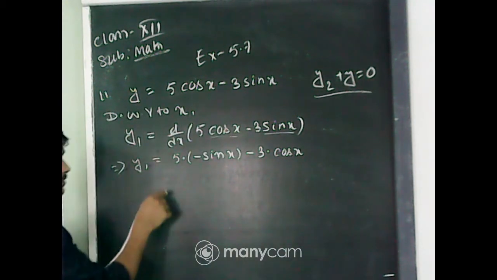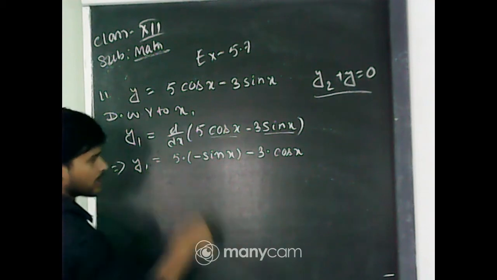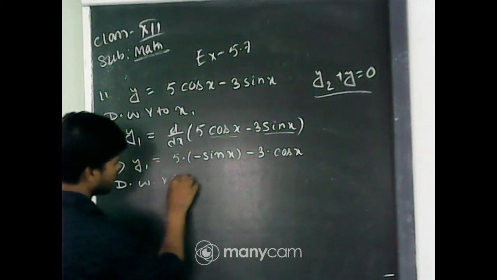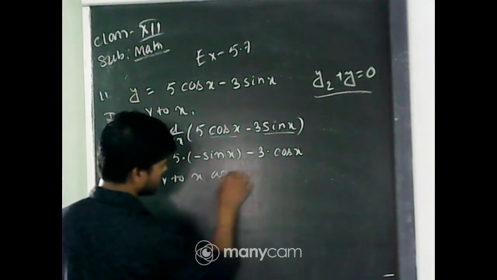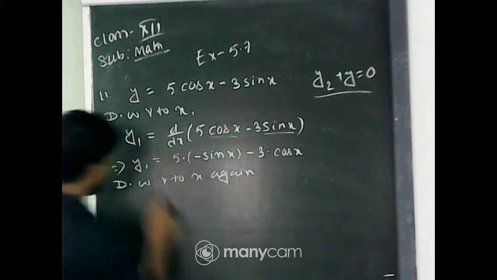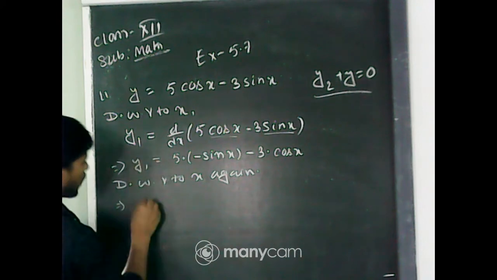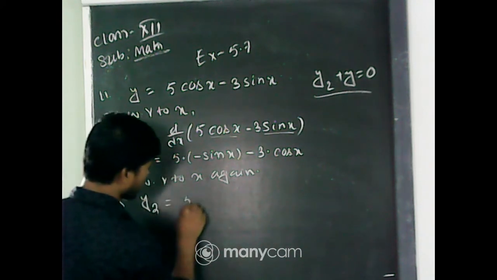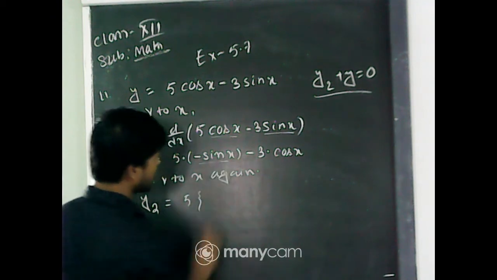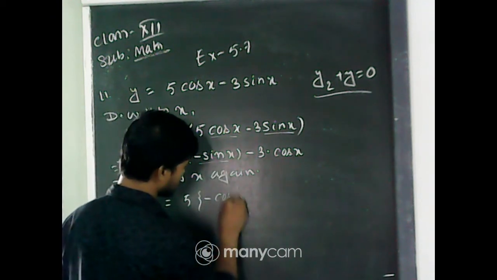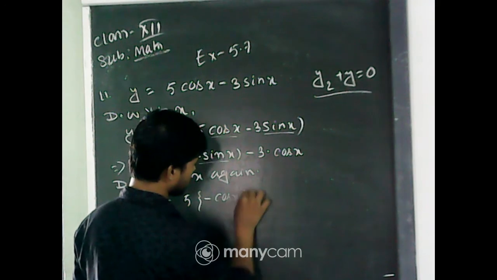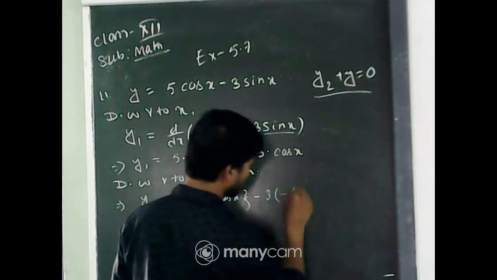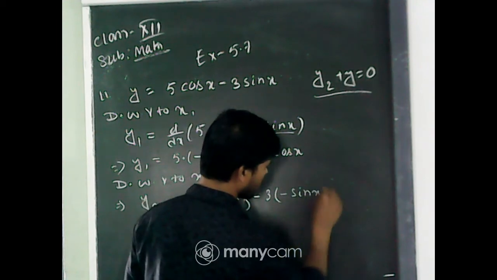Now differentiating this with respect to x again, we have y2, the differentiation of y1, equal to 5 into the derivative of minus sin x, which is minus cos x, minus 3 into the derivative of cos x, which is minus sin x.